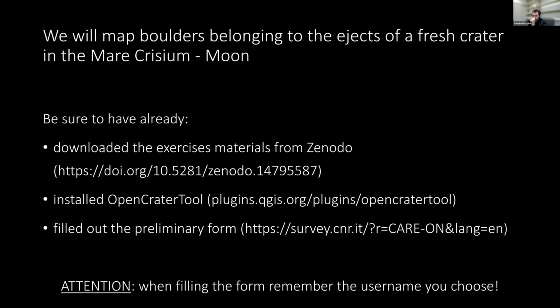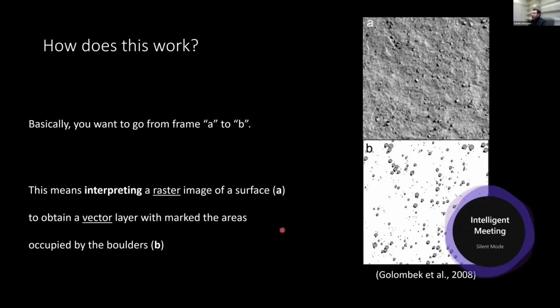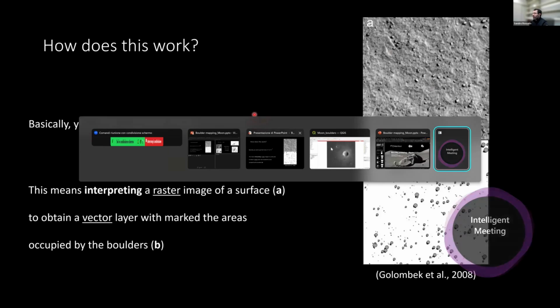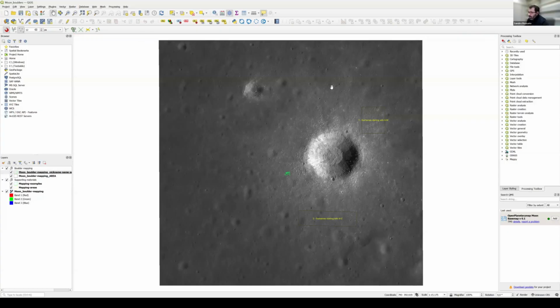So basically, what we want to do, as I mentioned before, is interpret an image. So we will have a raster. I will jump from PowerPoint to QGIS from time to time. Basically, we want to interpret this image here, not the whole image, just one area of these that are marked over here.